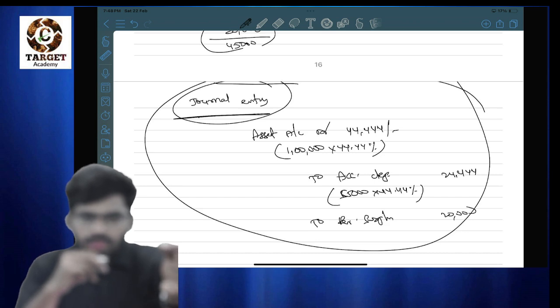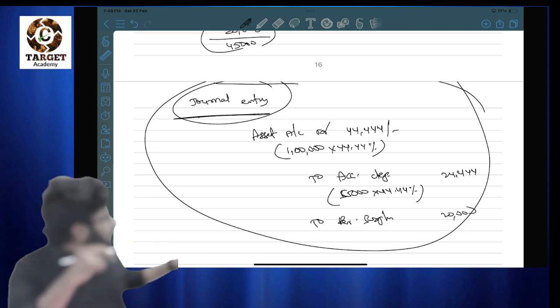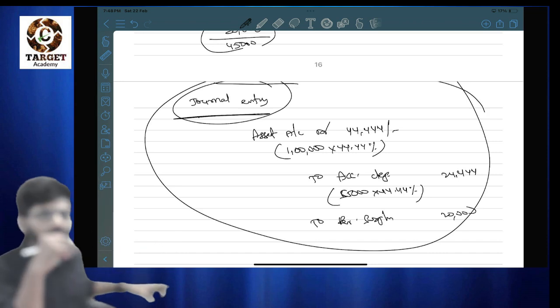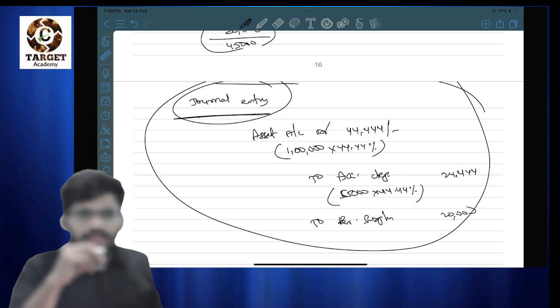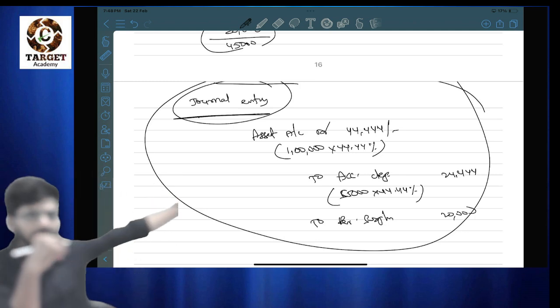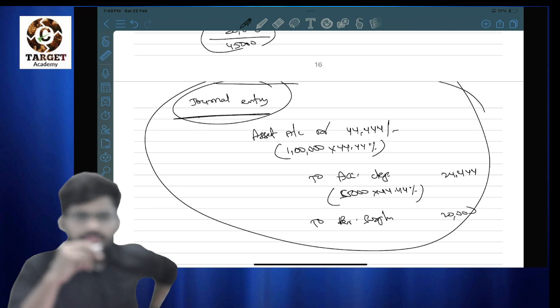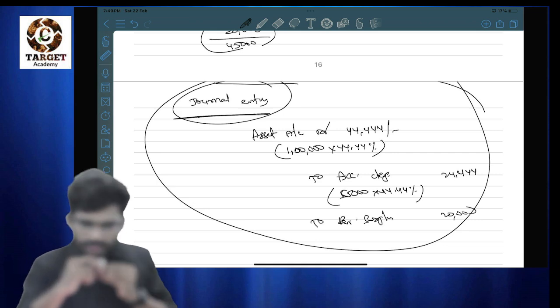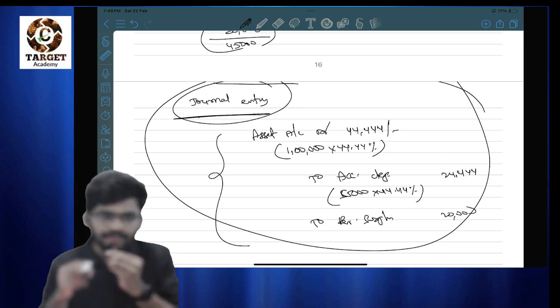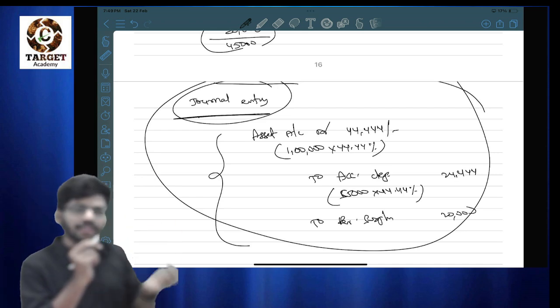So when the asset got revalued, out of the 55,000, 44.44% should be adjusted to the asset. As of now, how much has the asset increased? 20,000 only. Correct or not? What is the net entry for this? Asset to revaluation surplus 20,000.